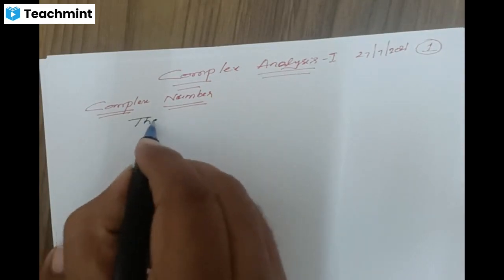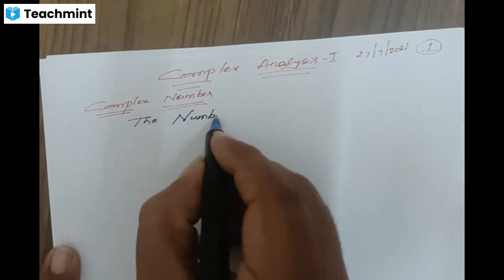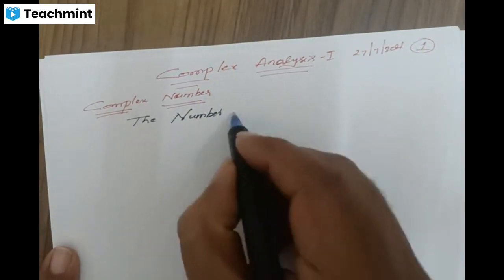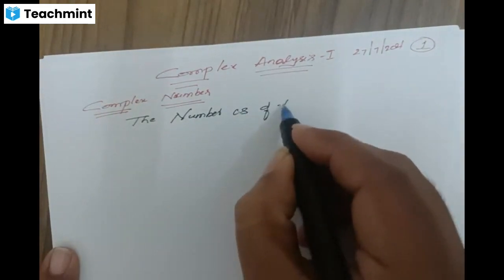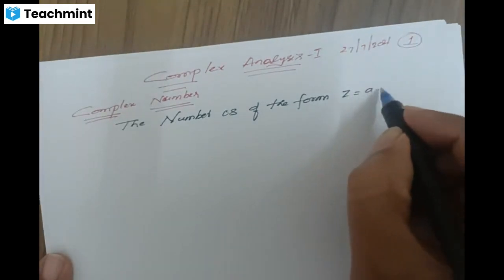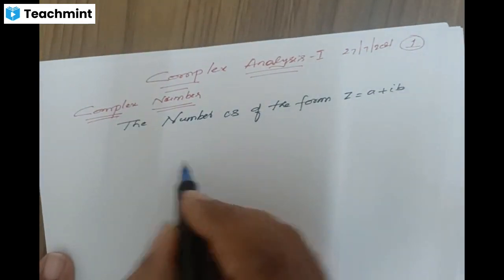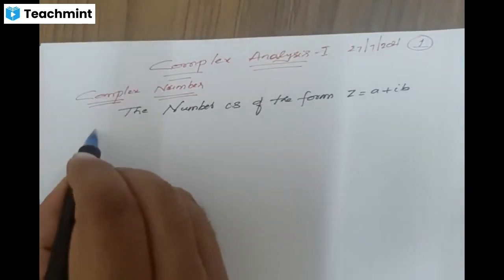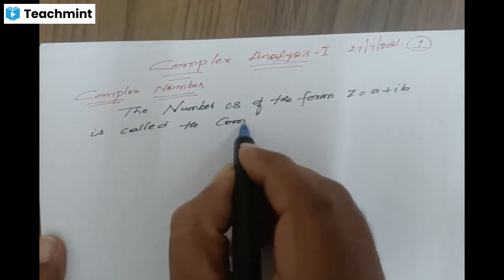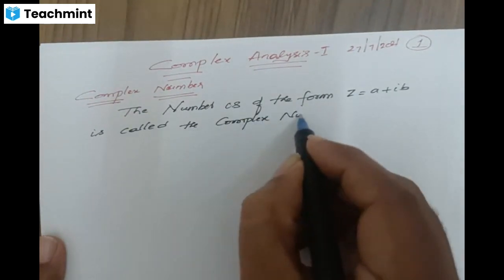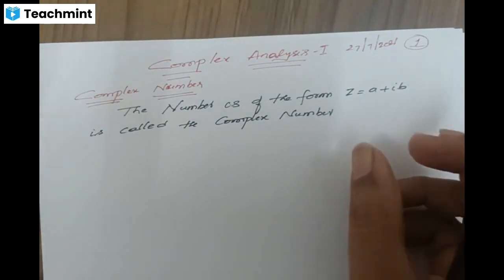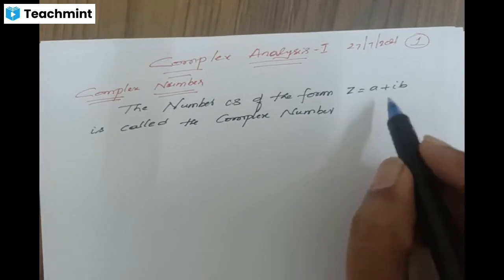So I'll write: a number of the form z equal to a plus ib, or it may be x plus iy, is called a complex number.